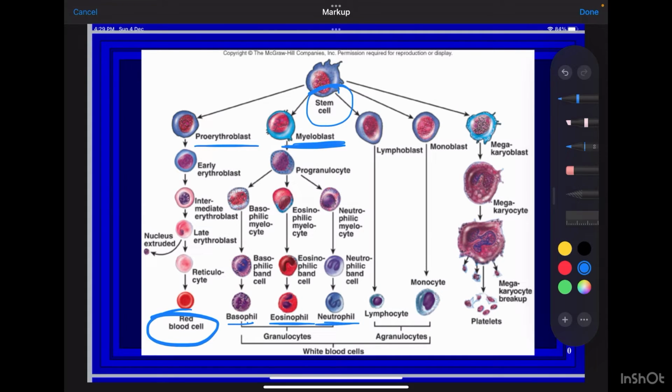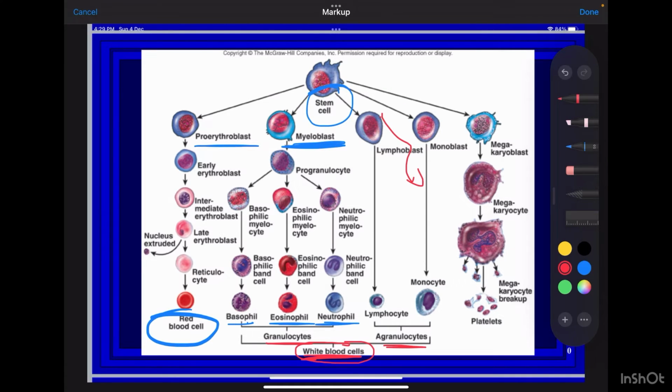Neutrophil is about 60% of our leukocytes, and by leukocytes I mean the white blood cells. We call these three cells the granulocytes of white blood cells. Let me show you in another color. We have agranulocytes and granulocytes. Agranulocytes we will talk about in this pathway later on, but for now, let's focus on this one.